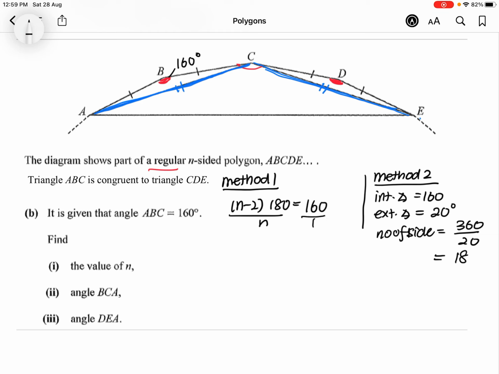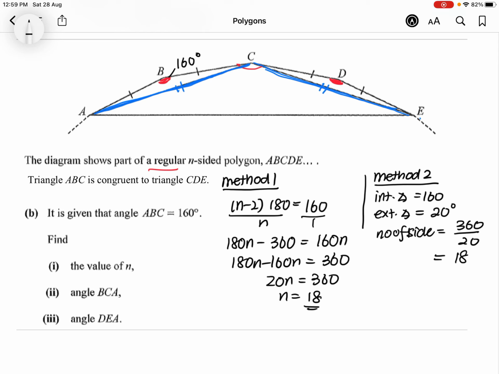Or I can do method 1 where I cross multiply, rearrange, and find the number of sides. So therefore, the value of n is 18 sides.